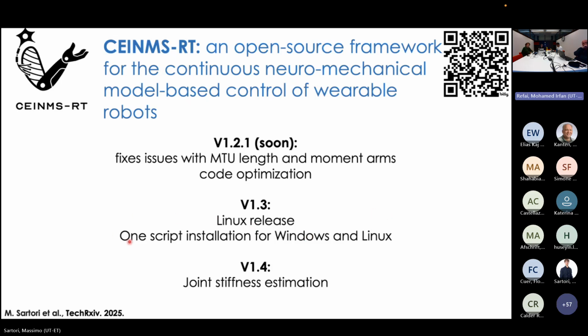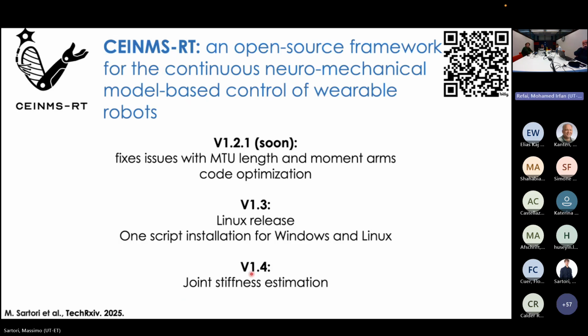And what's interesting is that we want to provide what we call one script installation. So there will be a single installation script that will handle all the dependencies and all the installations, starting from one single script that you will just have to run from your computer. So it will be a pretty streamlined way of installing CEINMS on Linux and Windows.